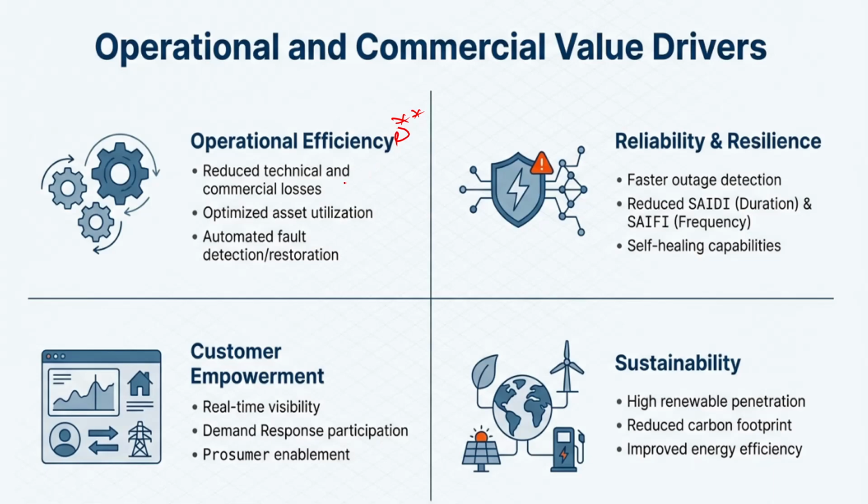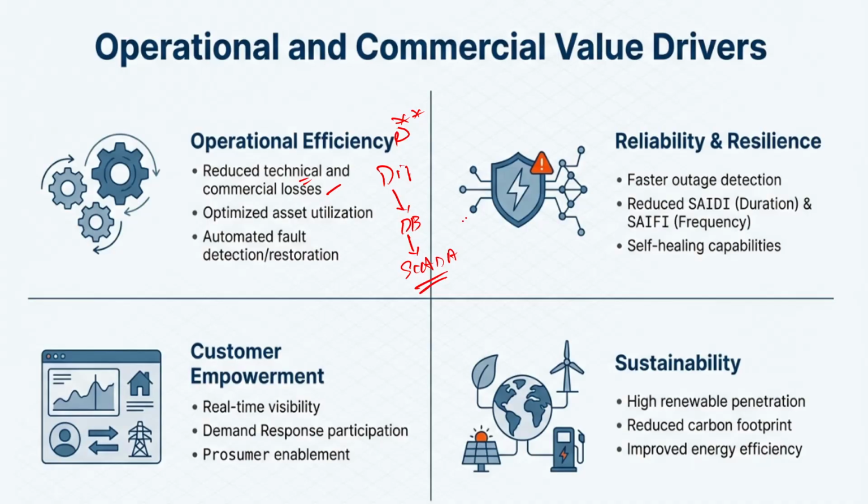How are we going to increase our efficiency? By reducing the technical and the commercial loss. Why technical? We already have complete digital data stored in the database. This database could be in the SCADA or any other system.